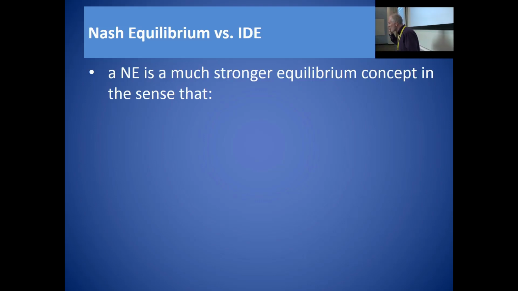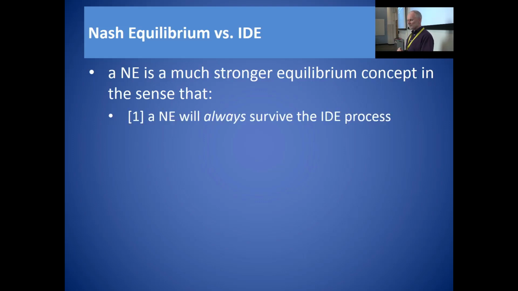And I said the Nash equilibrium is a much stronger equilibrium concept than we've seen before. So now we're in a position to say, why is it a stronger equilibrium concept? Well, it's stronger in two ways. Firstly, for the moment, I'll just tell you what these points are, and then we'll go back to the example and I'll explain what these points are.